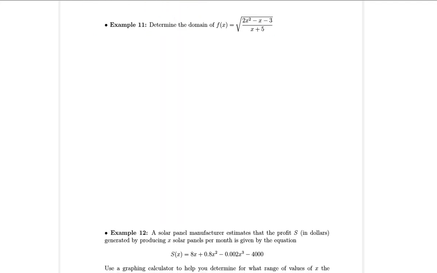All right, so like we did in the polynomial section, we can apply this whole idea here to finding the domain of a function. So if I wanted the domain of this, I could set this greater than or equal to 0, right?